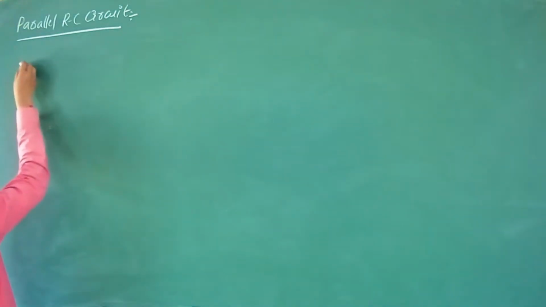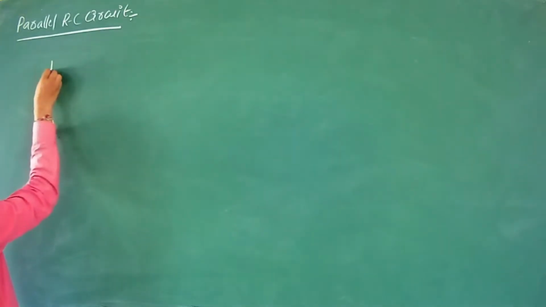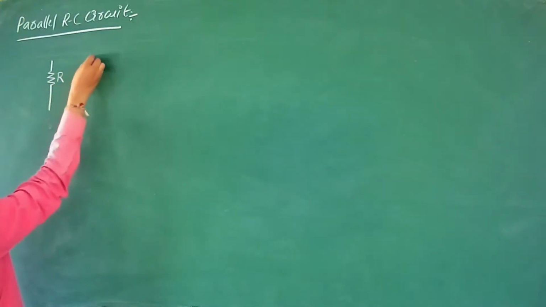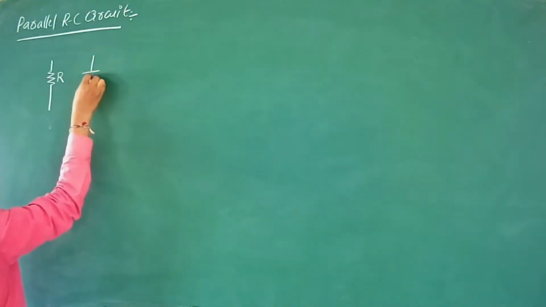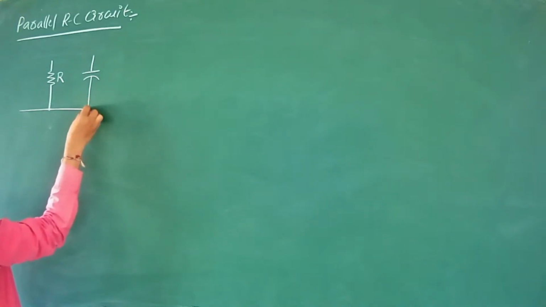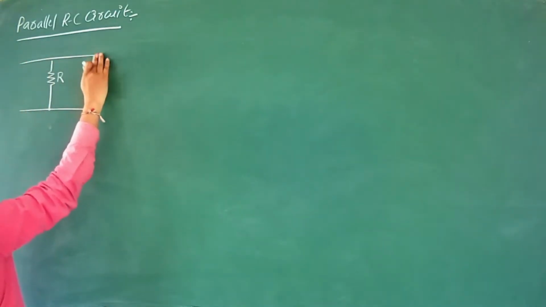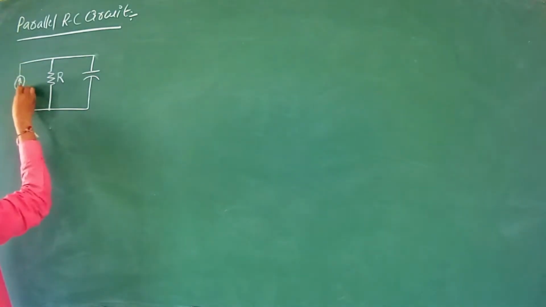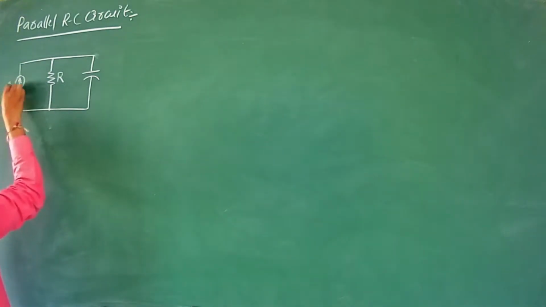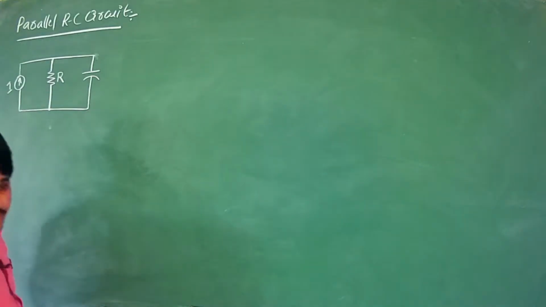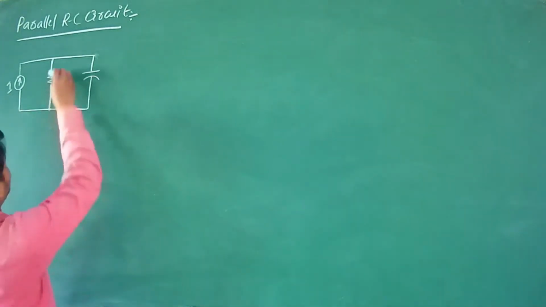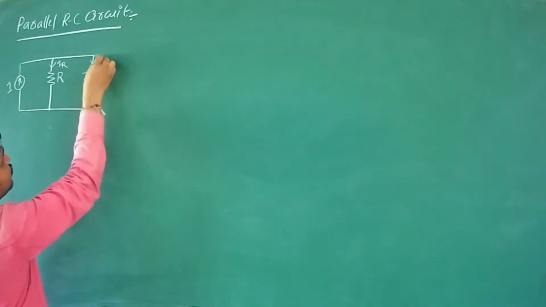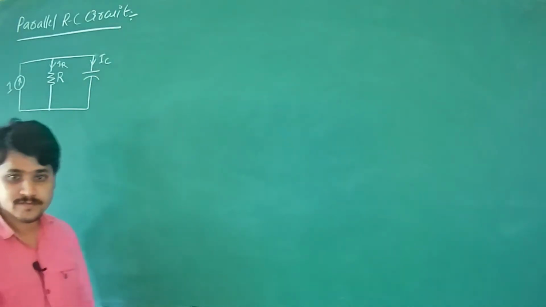First, to draw it: a resistor and a capacitor are connected in parallel across the source I.